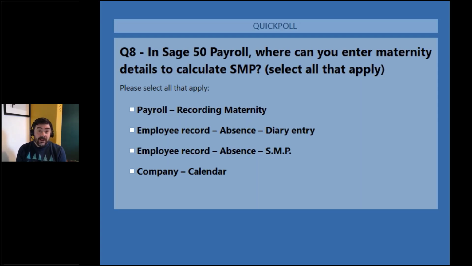Would you do it in the employee record, absence, and then diary entry? Would you do it in the employee record, absence, SMP? Or would you do it through company and calendar? And we will close that one down as well.